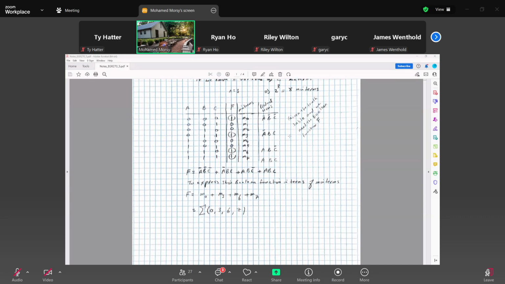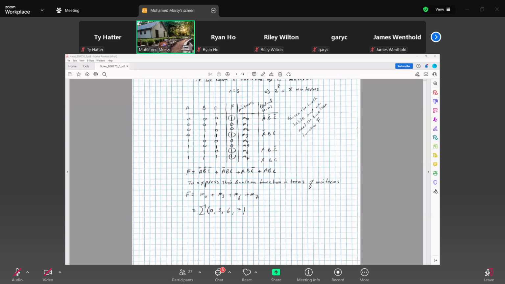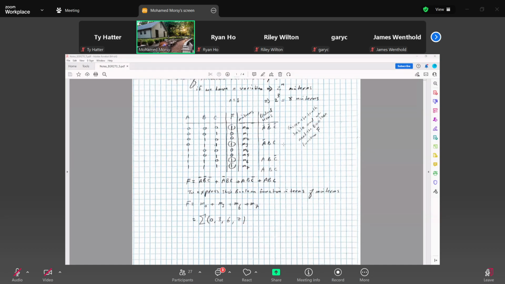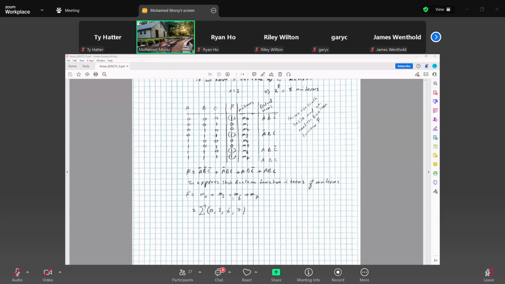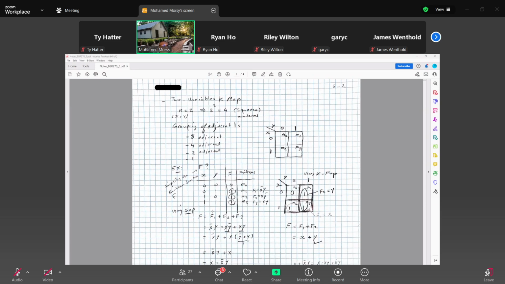So we did examples for how we get the Boolean function in terms of the min terms. And we studied the Karnaugh map with 2 variables.